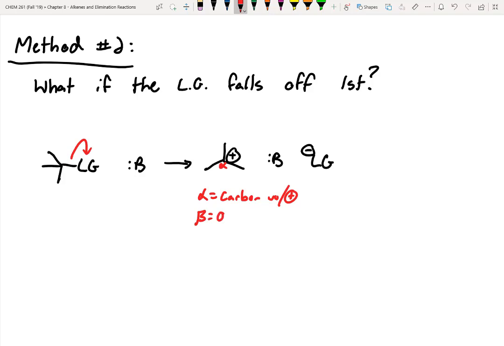Beta is going to be one further away. Okay, so we've got beta here, beta here, beta here. And just like before, we've got protons coming off of these beta positions. You could show all of them if you want. I'm just going to pick one of these methyl groups because the other two methyl groups are pretty much identical.